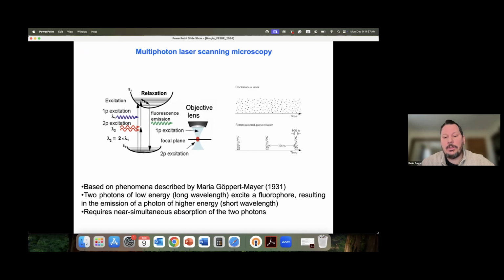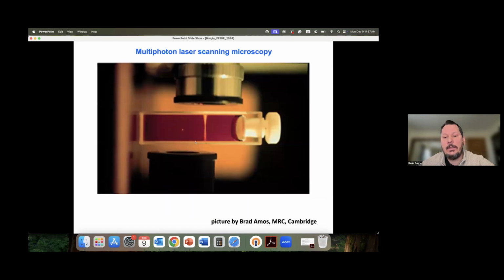It's based on a phenomenon described by Maria Goeppert-Mayer in the last century, who showed that when two photons hit the fluorophore at one time, they cause an emission of a photon of higher energy. In that case, fluorescence occurs only in the focal plane.